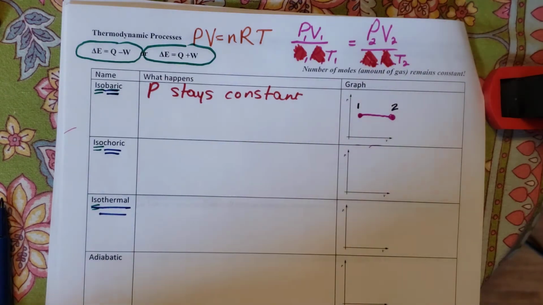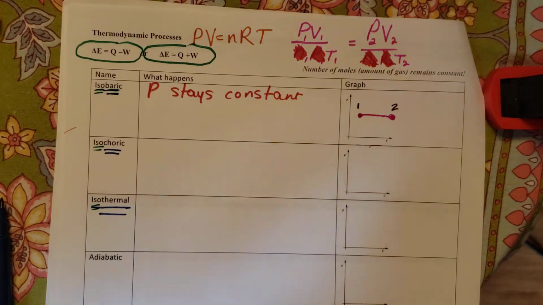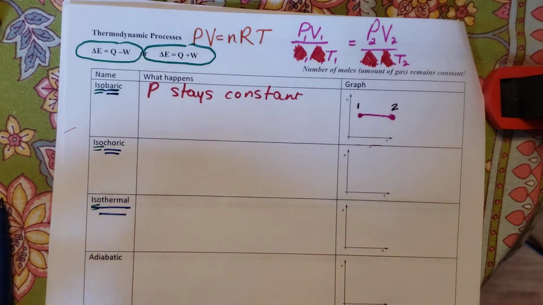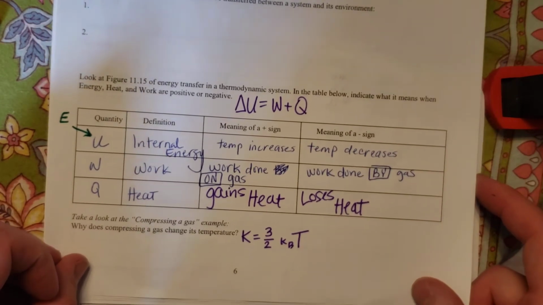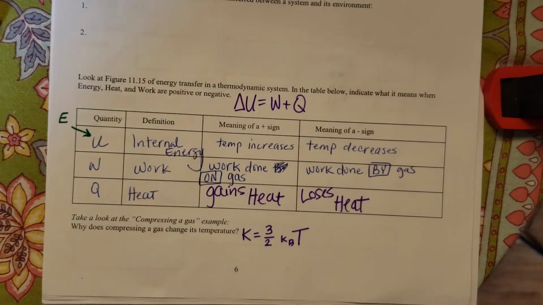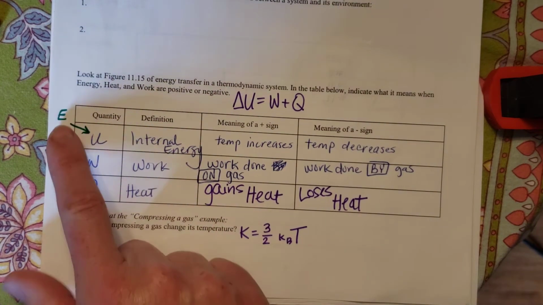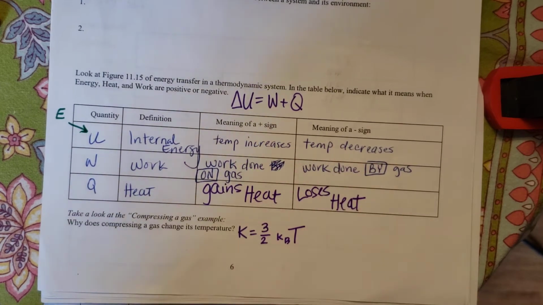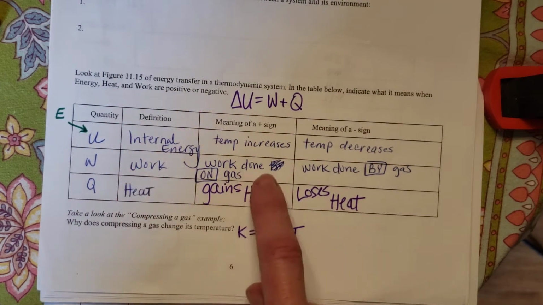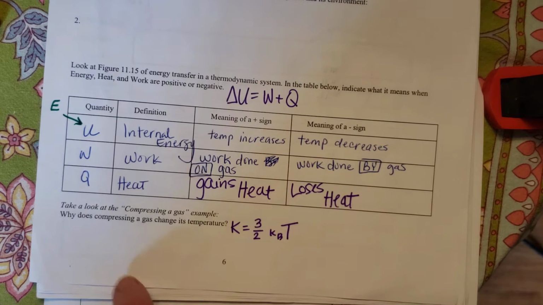Now, we should have already had this in our last class together, but just in case you need to write this down one more time, it's on page 6 in our notes. I will leave this up here for just a second and encourage you to maybe pause the video if you need to remind yourself of internal energy, which can be represented as a E or a U, and what these signs could mean for us, for our work and for our heat.